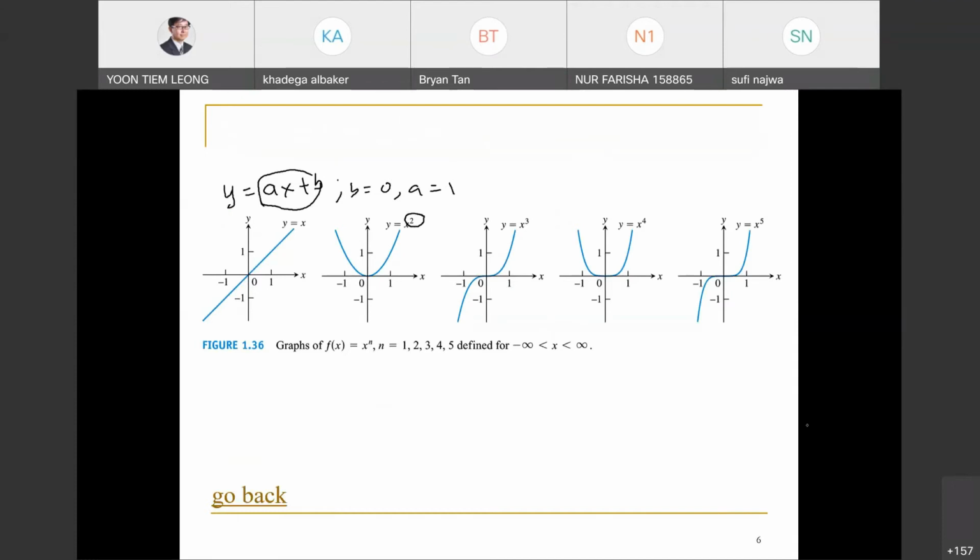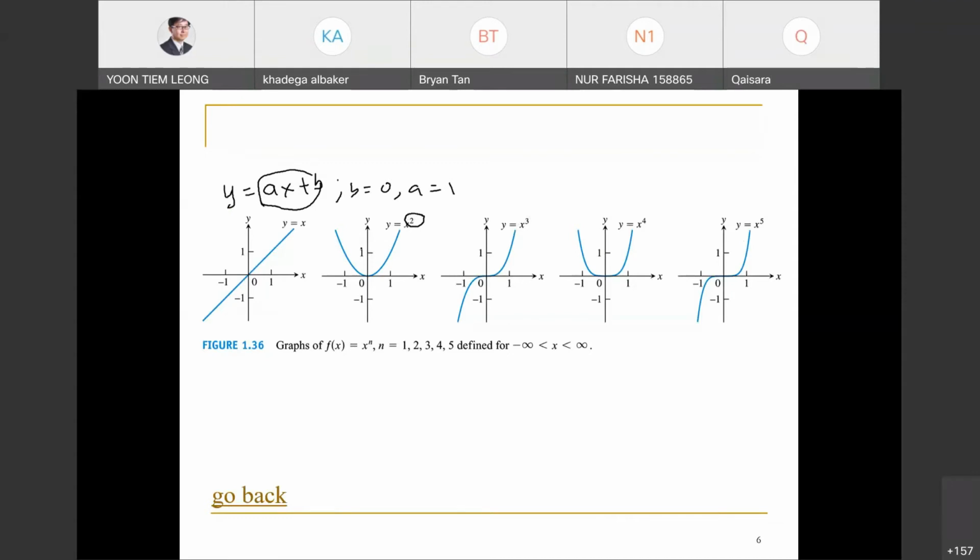If the power is 2, then the graph looks like this. If the power is an odd integer, then the graph looks like this. If it's power 4, it looks like this, and if it's power 5, it looks like this. It's quite easy to recognize.